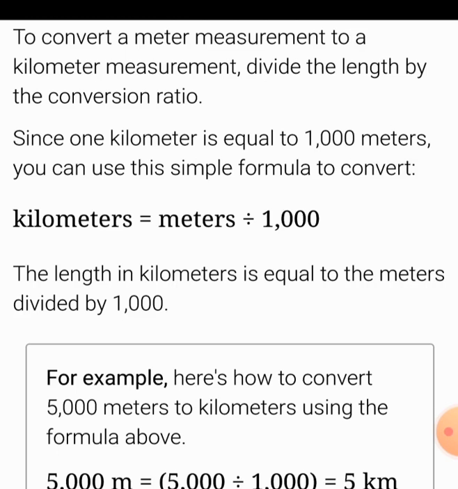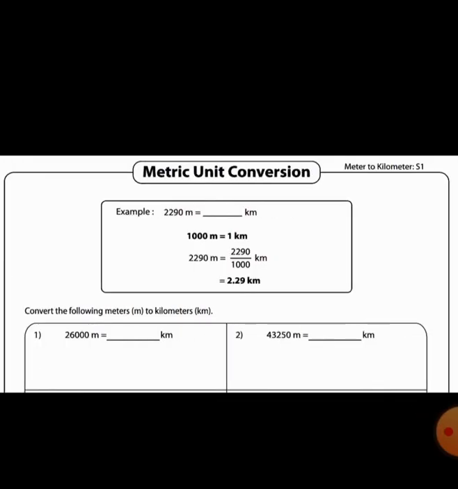Now we're going to do 2 other examples, after which you're going to do the rest of the activities on your own. Now this is just showing us an example here, 2,290 meters. Remember we said when converting meters to kilometers, we divide by 1,000.